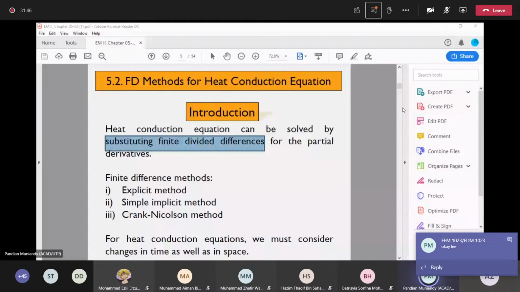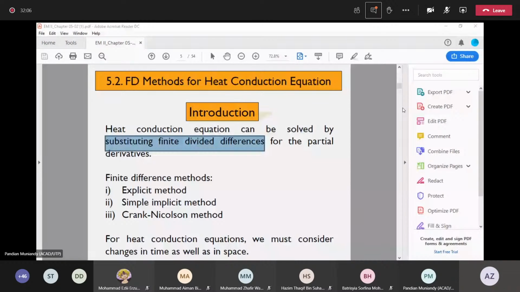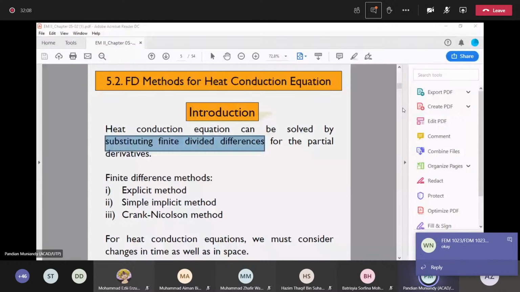Now we are at slide number 5, huh? Yes, we already shared the slide. Can you see the slide?